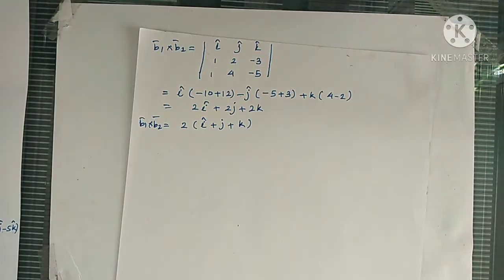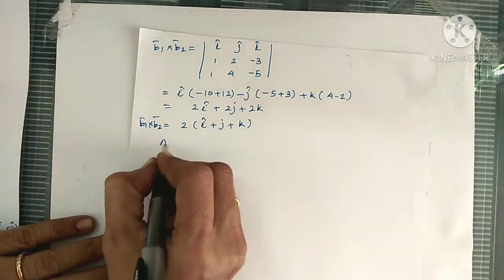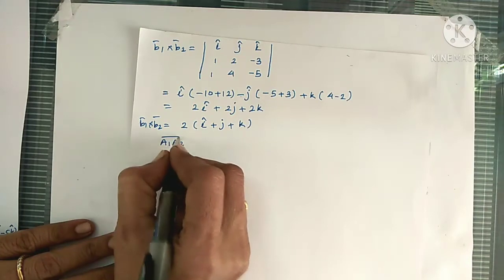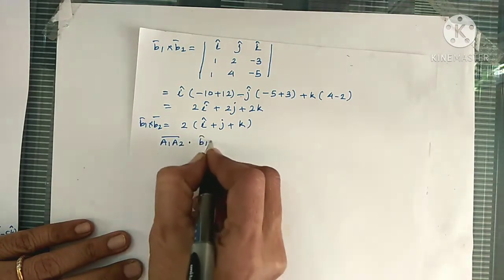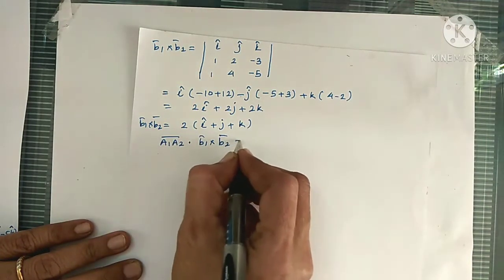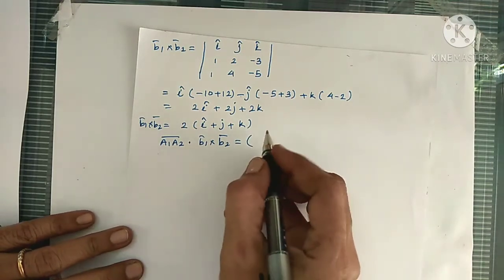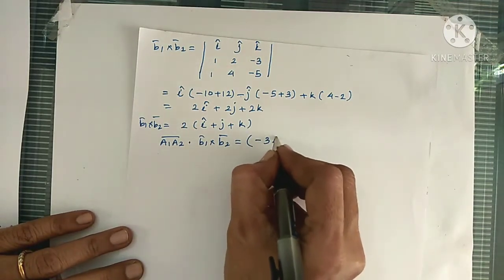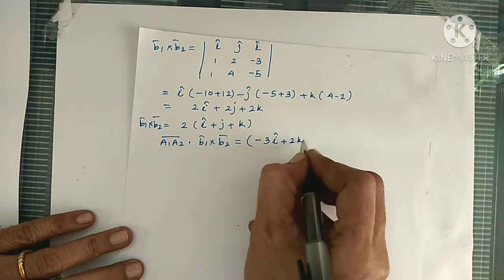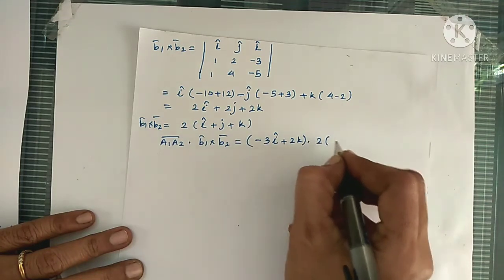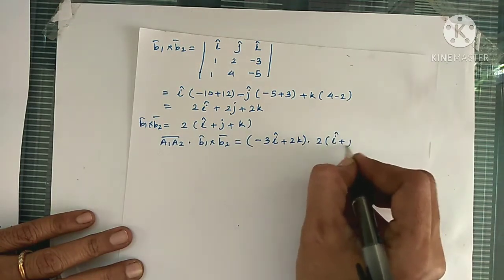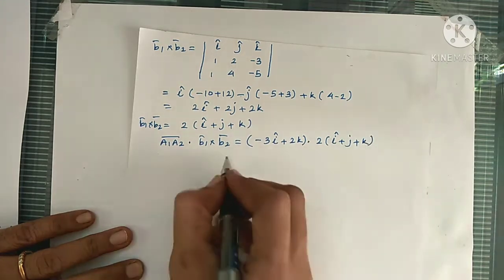So first let's find out the numerator. Numerator is A1A2 bar dot B1 bar cross B2 bar. Now A1A2 bar is minus 3i plus 2k, dot 2 into (i plus j plus k).